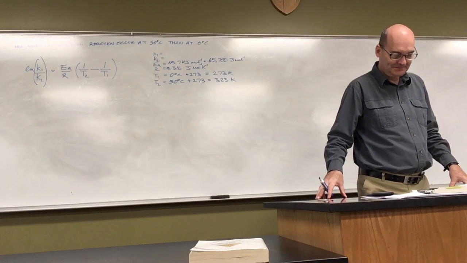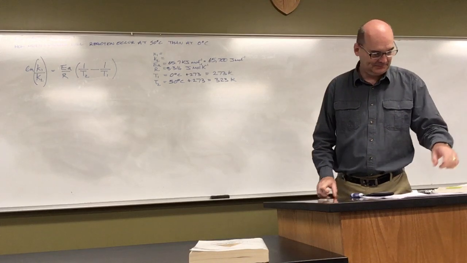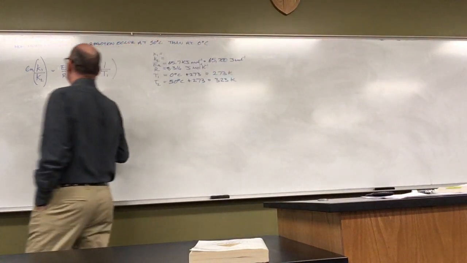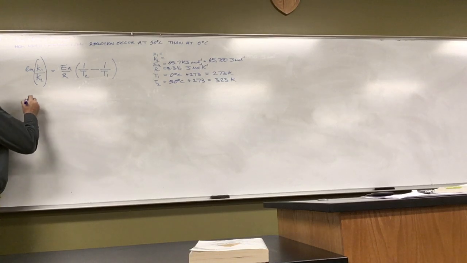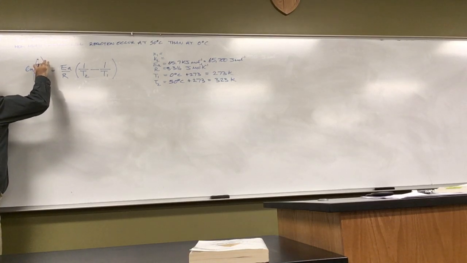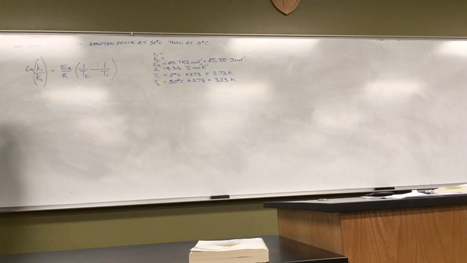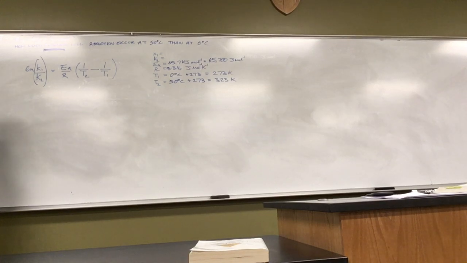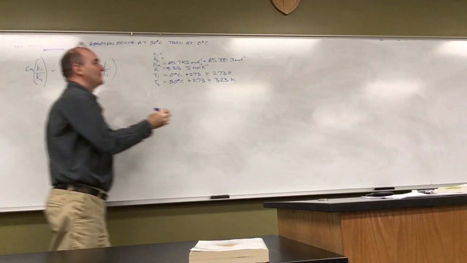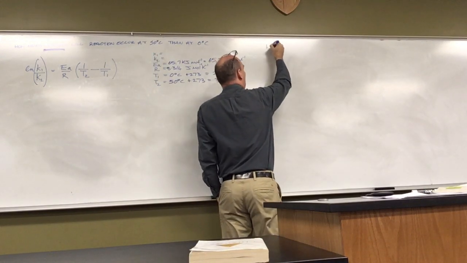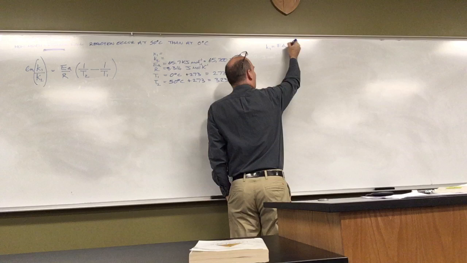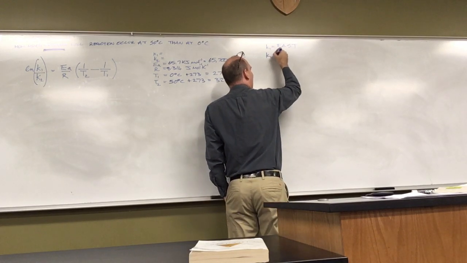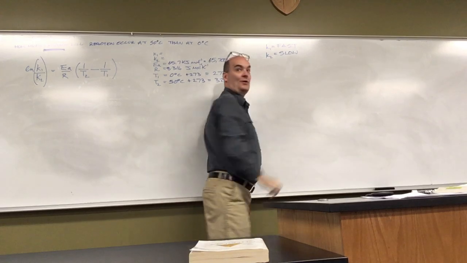Yep. Okay, let's do that. Here's what we want. We want this number to be big number divided by a little number. The question says faster. So what I want is the K1 to be the fast one and the K2 to be the slow one.